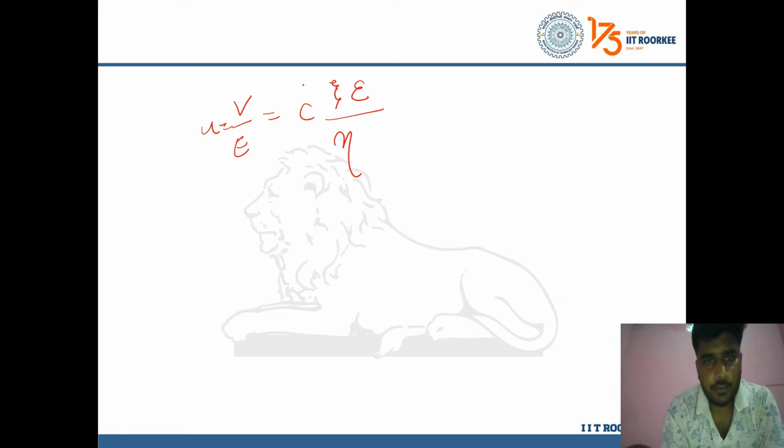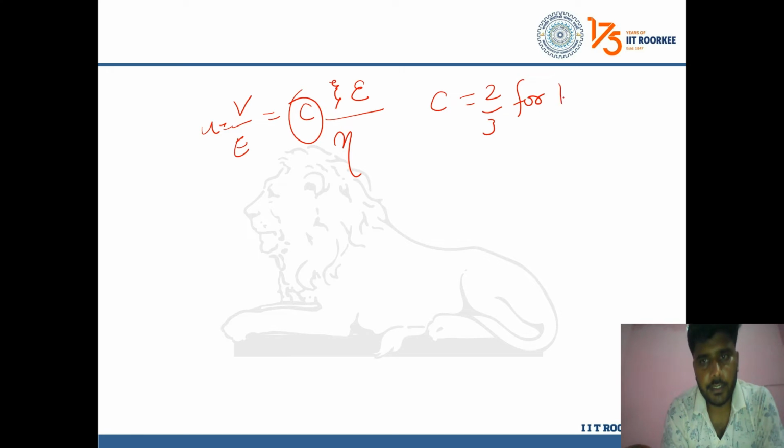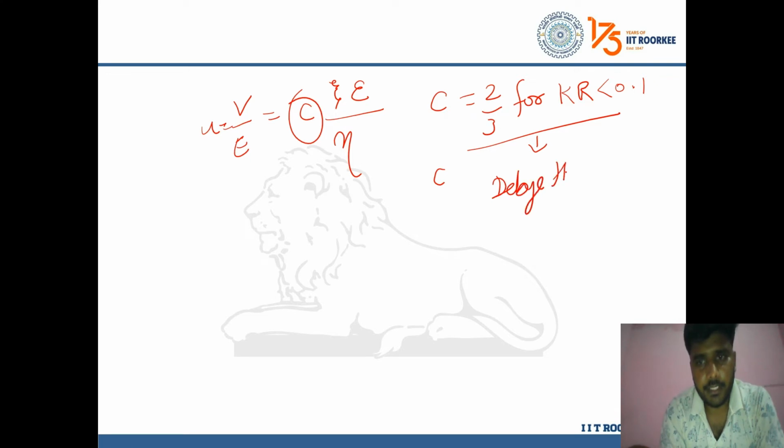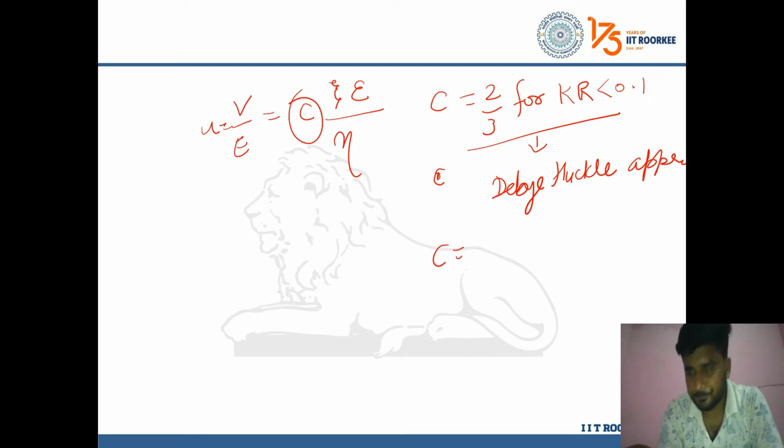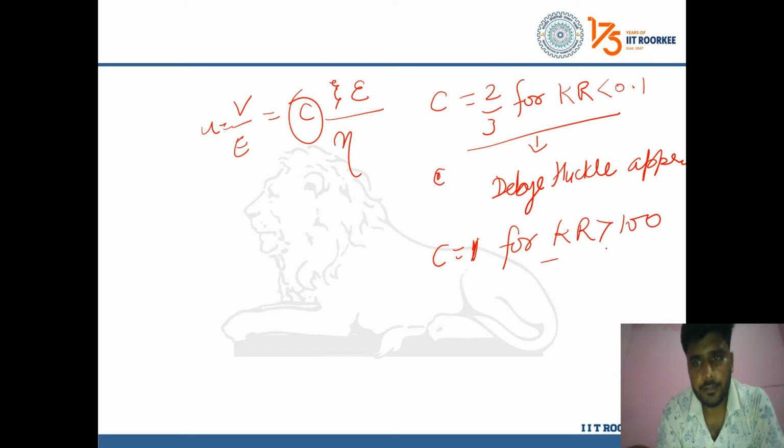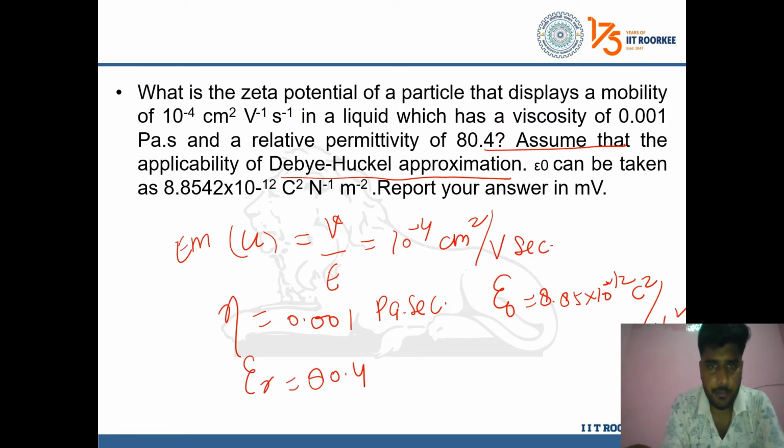This constant value C is 2 by 3 for kappa r less than 0.1, and this is called the Debye-Hückel approximation. In the Helmholtz-Smoluchowski model, this C value is 1, which is valid for the other condition. In this particular question, you are given the Debye-Hückel approximation.